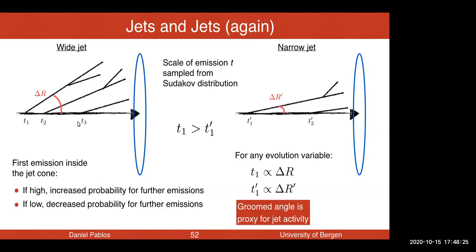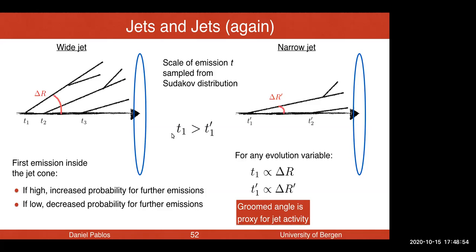So we were saying before, if it happens that the first emission inside the cone has a large angle, then we know that the scale was relatively high and that there is more room for further emissions before you reach lambda QCD. However, if that first splitting that we are accessing through soft drop has a small angle, then the scale was low and there was little phase space for further emissions.